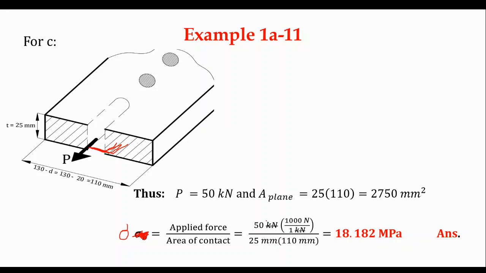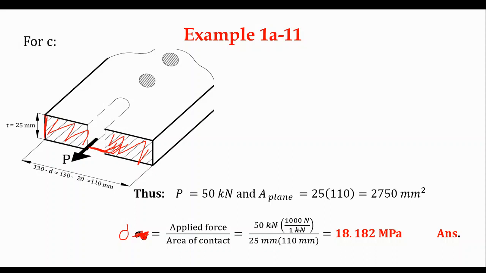So, the applied force is 50 kilonewton. Convert mo yan into newton over area of contact. So, basically, ang area of contact para sa tensile stress is kani nga area. Alright? So, this is 25 by 110 millimeter. So, ang 25 is katong thickness sa plate.